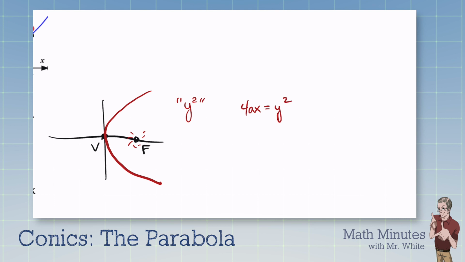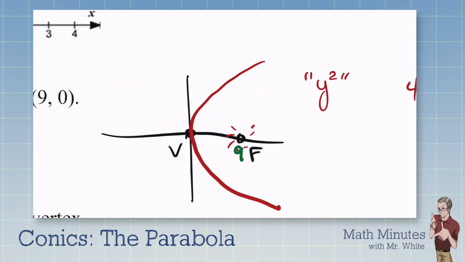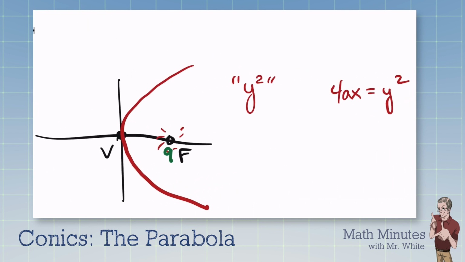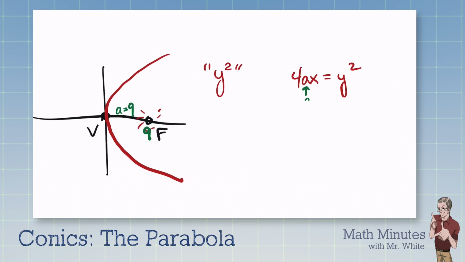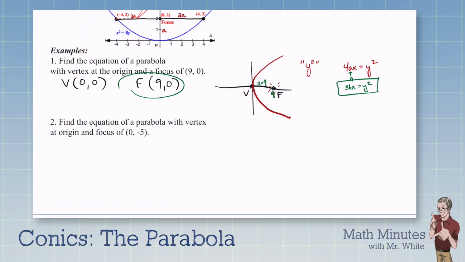Okay, well, in this problem it said the focus was at 9, 0, right here, 9, 0. That's at 9, so that means A is 9. So I'm going to put a 9 in this, and I get 36x is y squared. There, we just wrote the equation of that parabola. That wasn't so bad. Once you know A, you can just write the equation as long as you know which way it's facing. Let's try this next one.